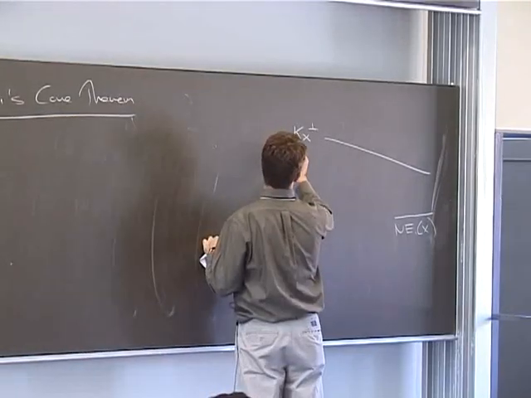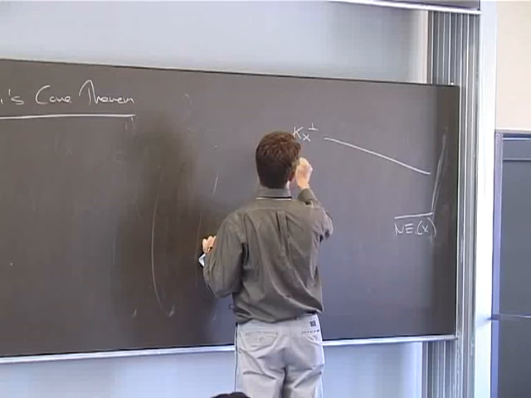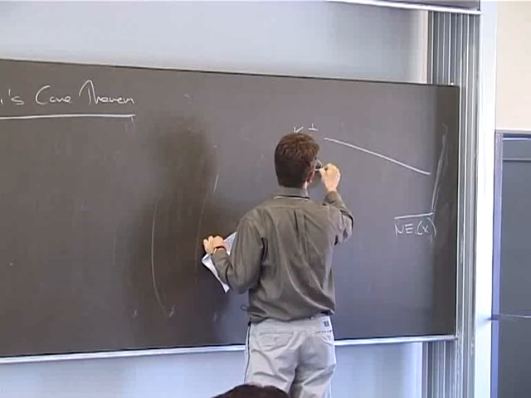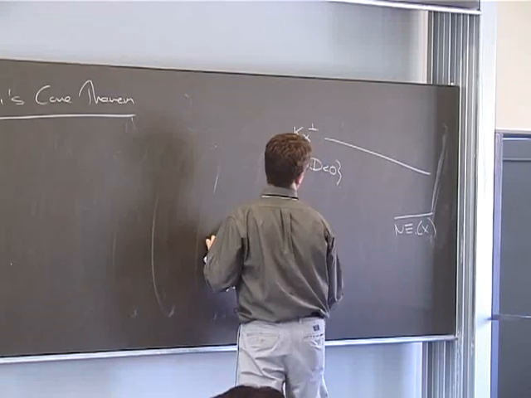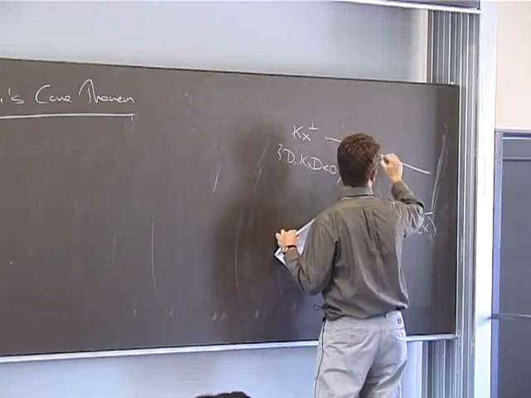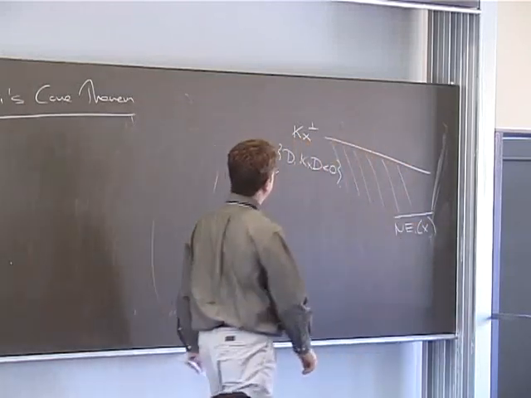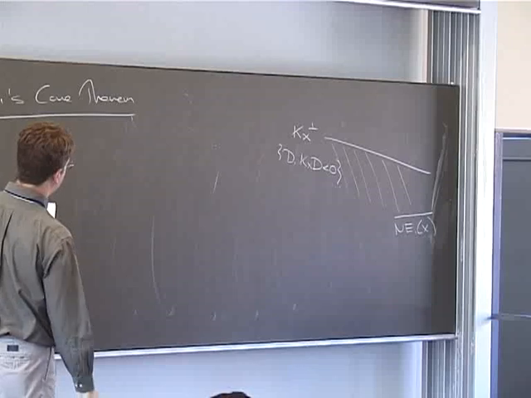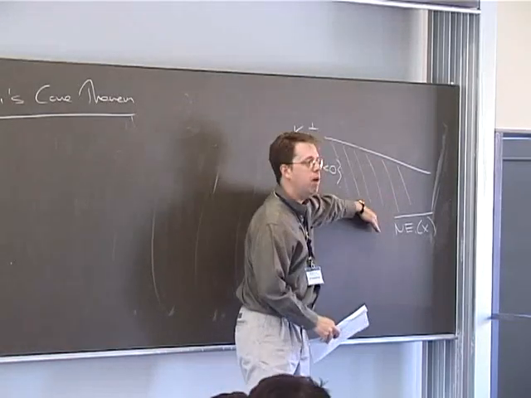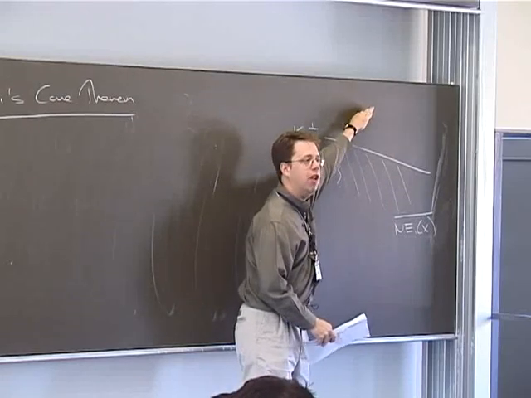And then I have the locus of D where K_X · D is negative. So this is a half plane. Okay? So things behave well below the line and behave badly above the line.